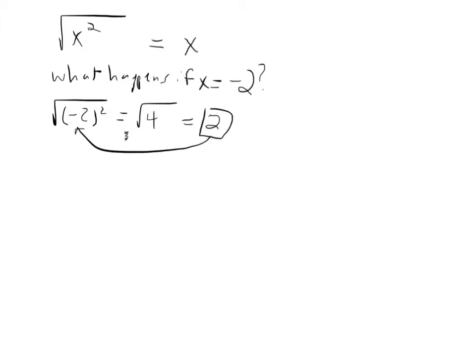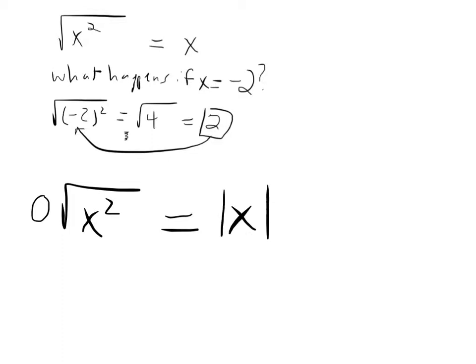Well, what we can do is we know that if we've got the square root of x squared, our answer has to be positive. And we know if x is positive, we're in great shape. The square root of 2 squared is the square root of 4, which is 2, all good to go. But if x were negative, we had to take its opposite. So one way to deal with this is simply say the square root of x squared is the absolute value of x.